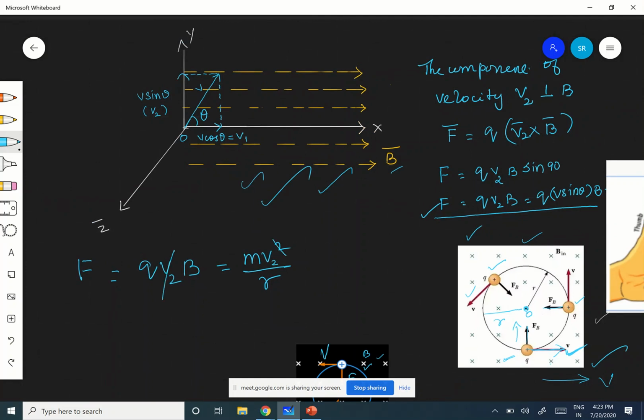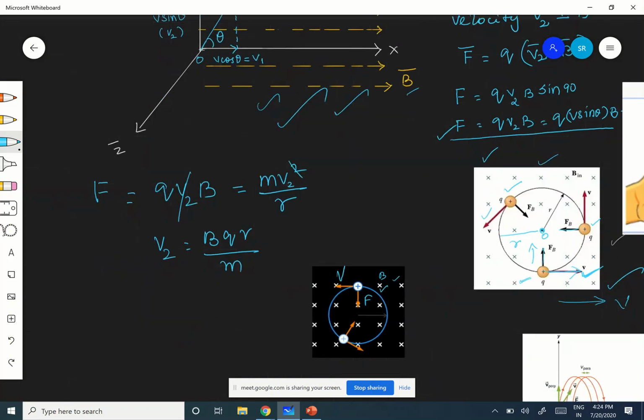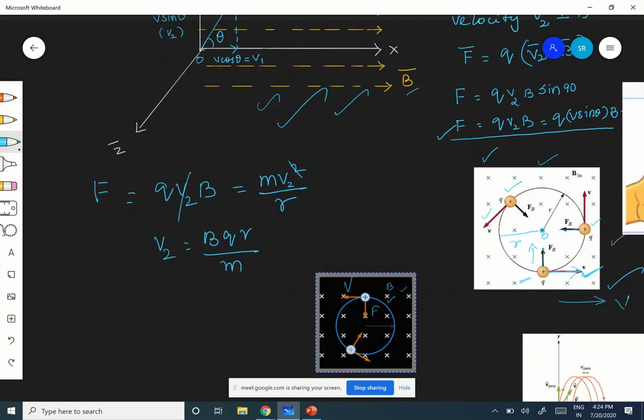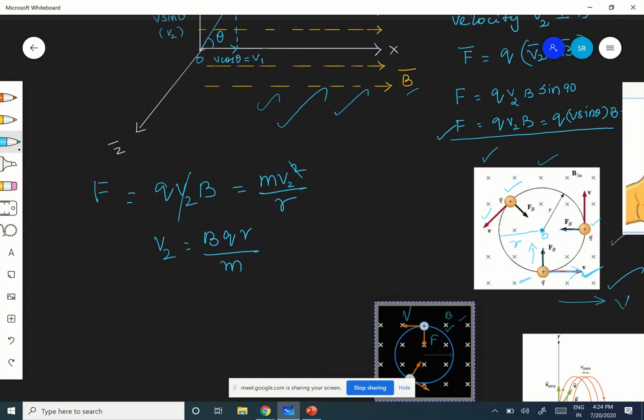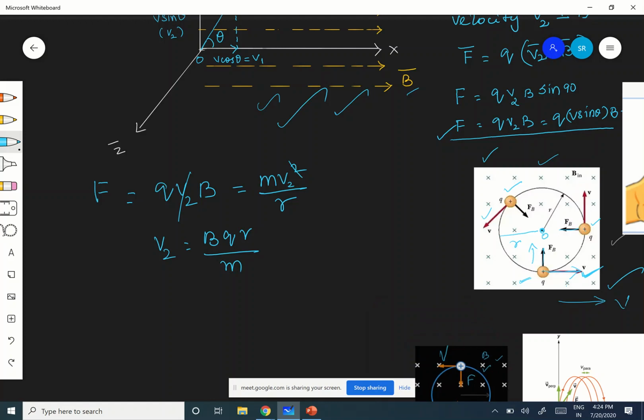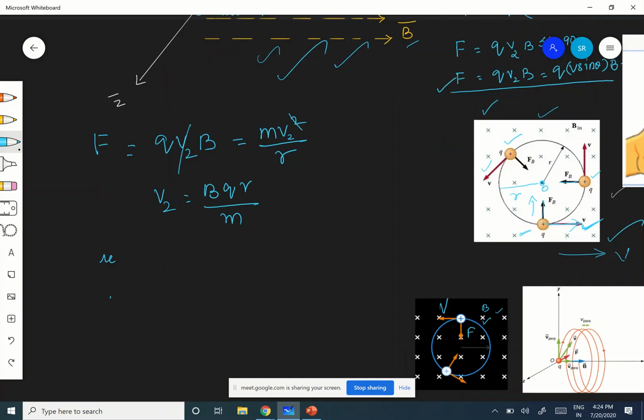Therefore, what is your v2? Therefore, here v2 is equal to BqR by m. Very important. BqR by m. Fine. Okay. Therefore, v2 is nothing but v sin theta, right? v sin theta is equal to BqR by m.